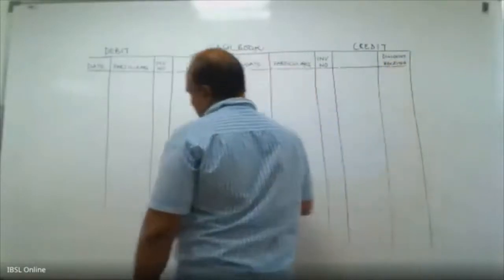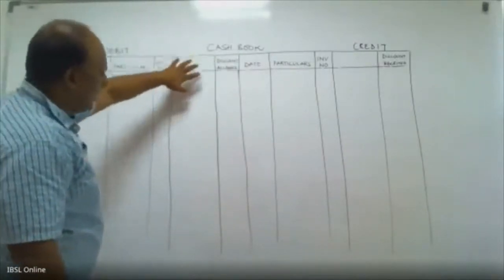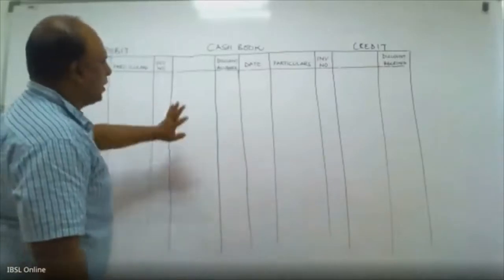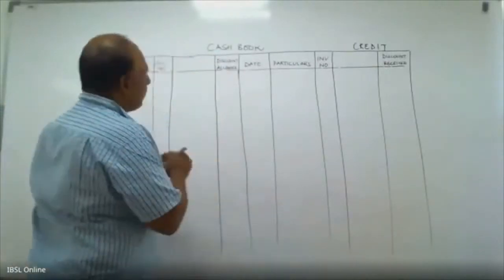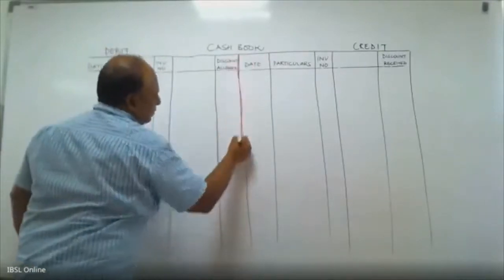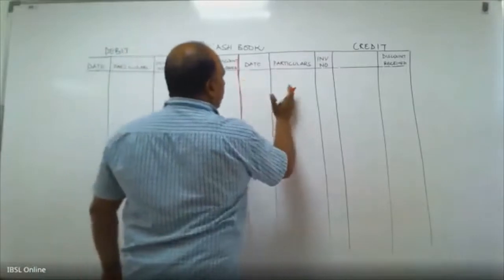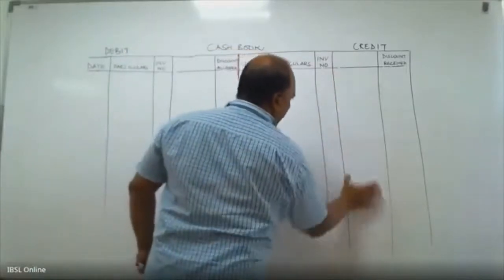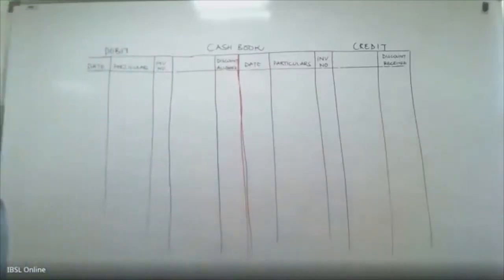So you can mark it as and when I tell you. Date, particulars, invoice number, then there is a space which I will explain, don't write now. Discount allowed, so that is the breaking point. And then on to the credit side, date, particulars, invoice number, then there is a blank column, and discount received.